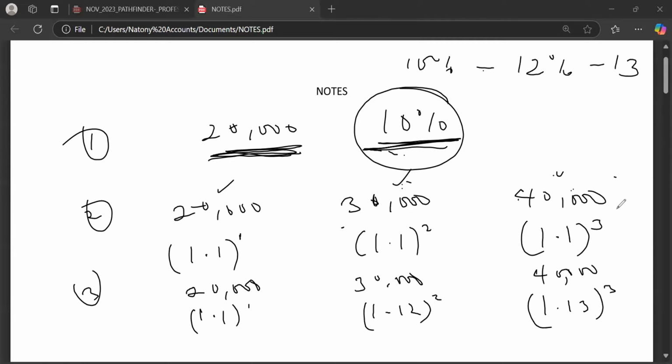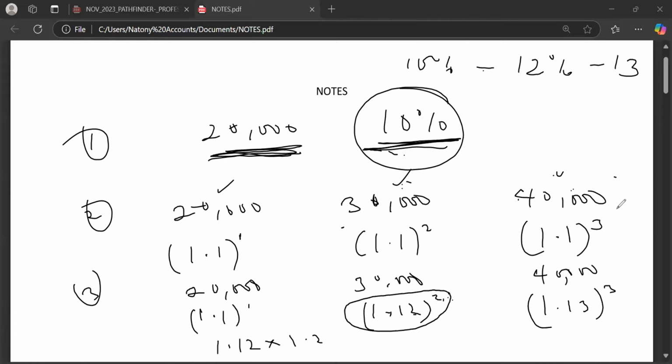So if I say 1.12 raised to power 2, what I'm saying is that year one inflation is 12%. Raised to power 2 means year one is 1.12, year two is also 1.12. So that gives me 1.12 raised to power 2.